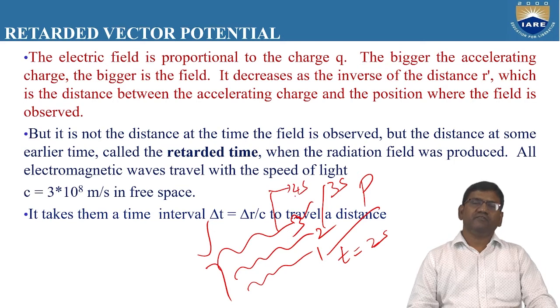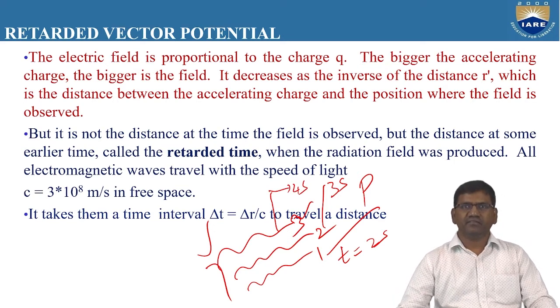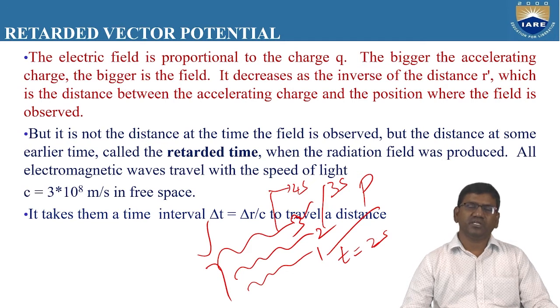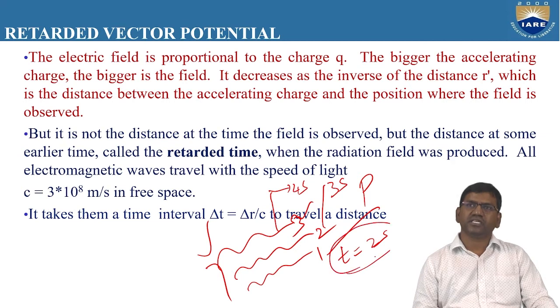That means all these electromagnetic waves are traveling with the velocity of light, but they are reaching the distant point p only after some time interval. So whenever we want to calculate the exact potential at distant point p, we need to consider not only the potential due to the time interval of 2 seconds.